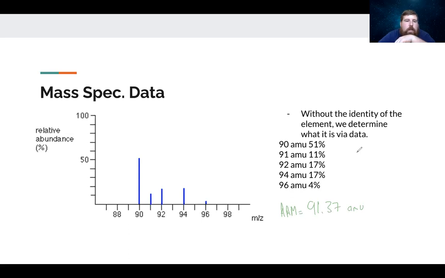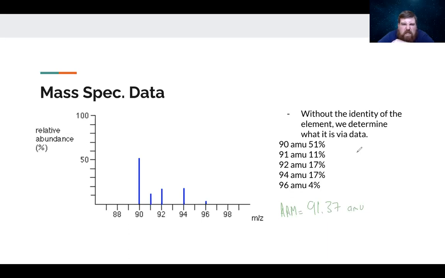And find out what chemical has the average atomic mass of roughly 91.37. Of course, you need to find a periodic table that has masses on it. Let's see here. Finding the tables.